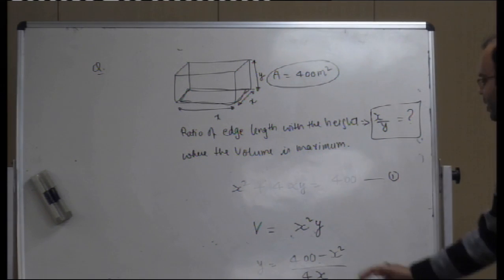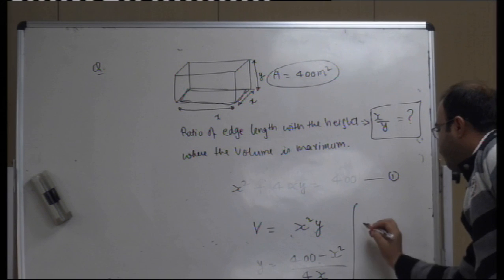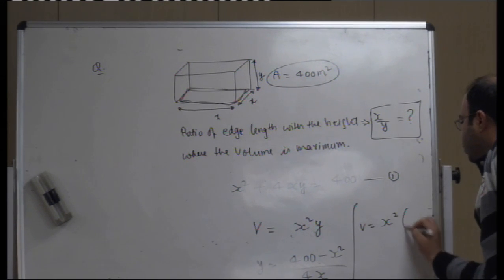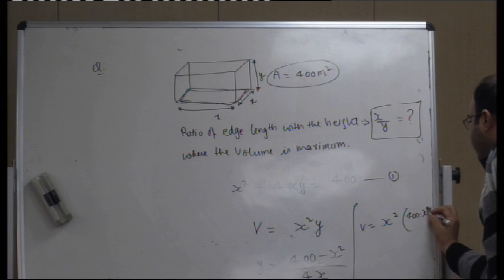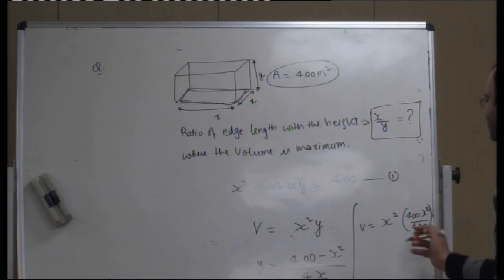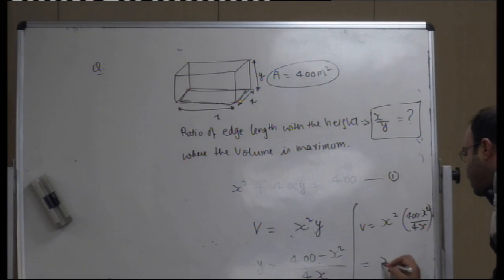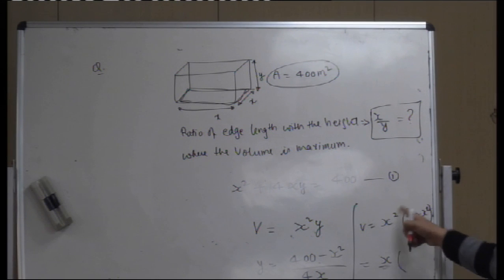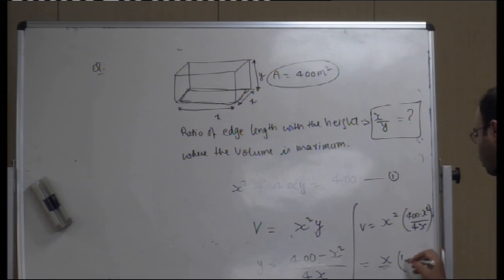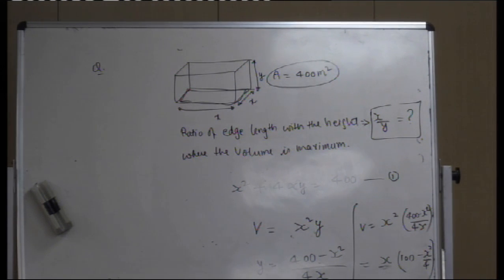Now put that y here, and you get V equal to x square into 400 minus x square upon 4x. Now you have expressed the whole volume in terms of x only. Dividing, this becomes x into 100 minus x square upon 4, which is 100x minus x cube by 4.